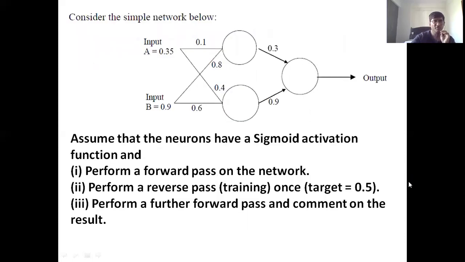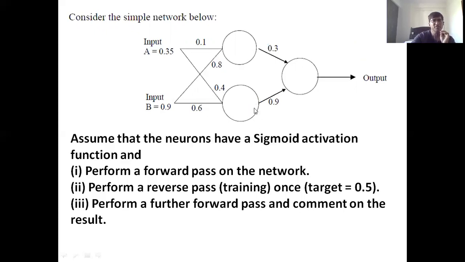Forward phase means I would be calculating the net input for this neuron and this neuron, suppose H1 and H2, and suppose this is the output neuron, say Y. So the first thing we have to do is calculate the net input of this neuron, which would be the input 0.35 multiplied by 0.1 plus 0.9 into 0.8. This would be the net input for this neuron. And similarly for this one it would be 0.35 multiplied by 0.4 plus 0.9 multiplied by 0.6. This would be the net input for these neurons.